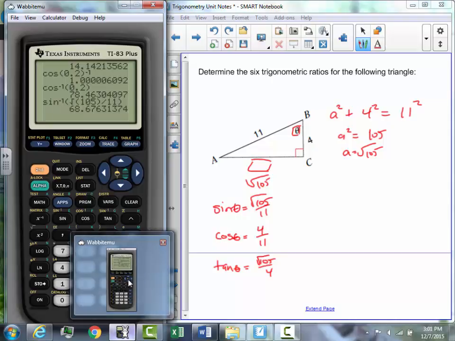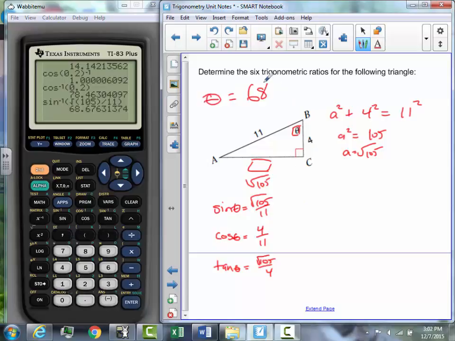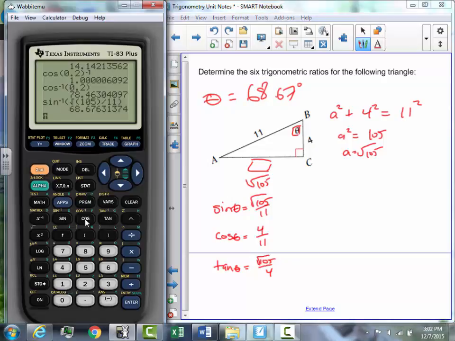Okay, now the point I want to make here is that if you want to solve for theta, this theta right here looks like it's 68.67 degrees. But did you have to use sine to solve for it? In theory, what you could do is you could second cosine, and you could have done cosine inverse of 4 over 11. That should give you the exact same answer. Or what you could do is you could inverse tan the root of 105.